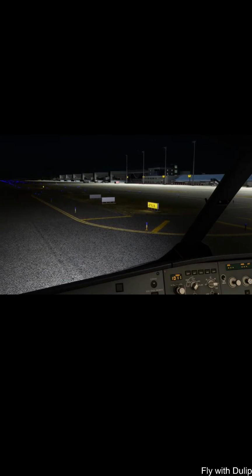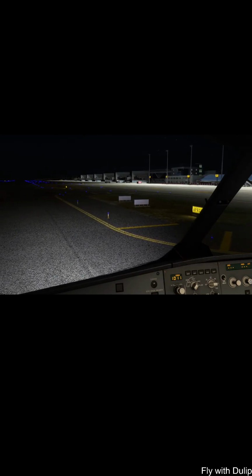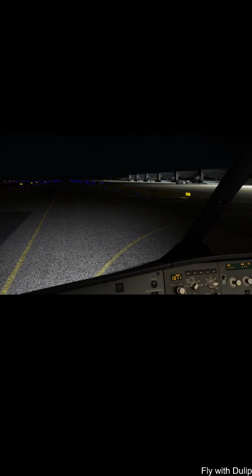Malé ground, FedEx 1132, good evening. FedEx 1132 second. Mail ground, FedEx 1132, type Boeing 737 with information Charlie on board QNH 1012 at stand cargo ramp 3.